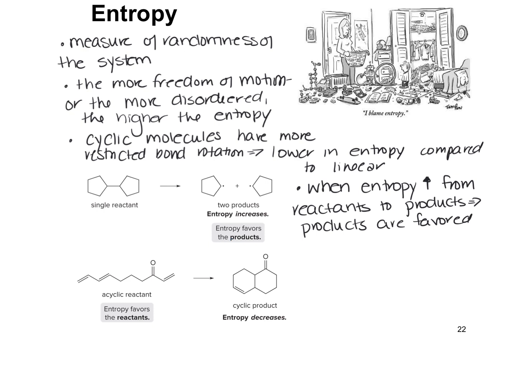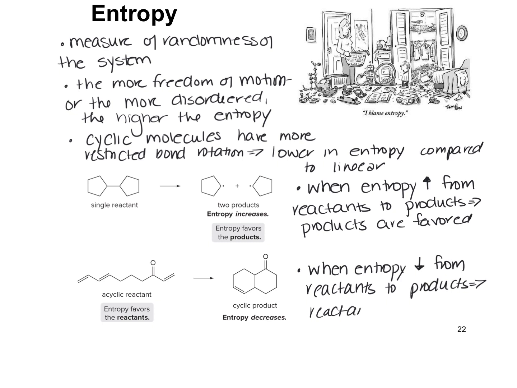When entropy decreases from the reactants to the products, the reactants are favored. So for example, this is a linear molecule here.